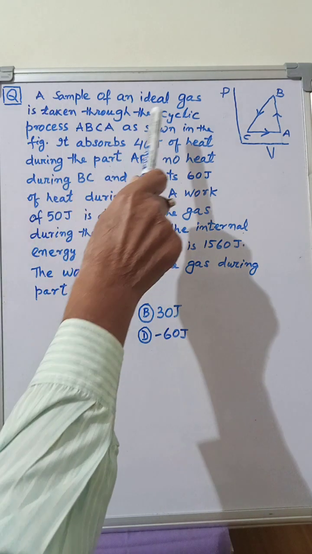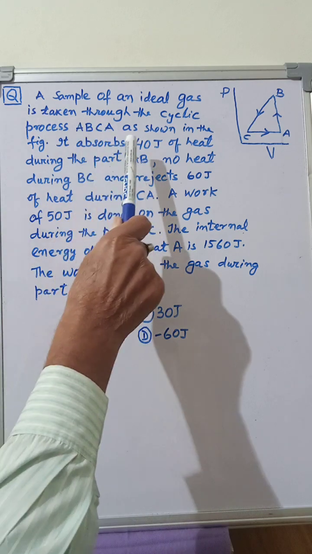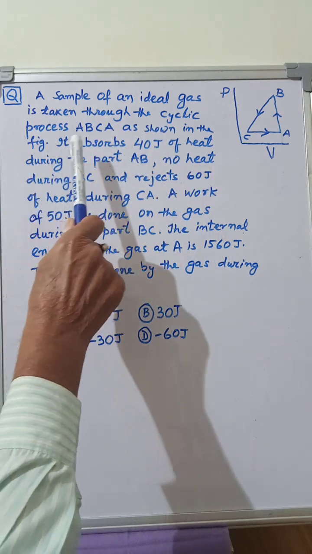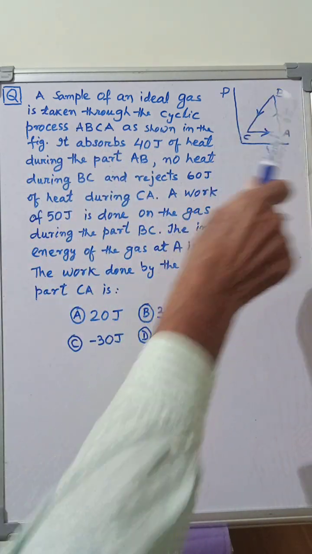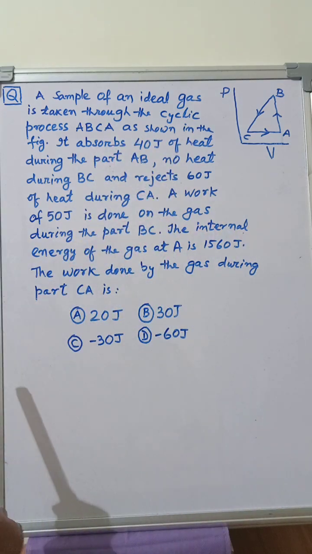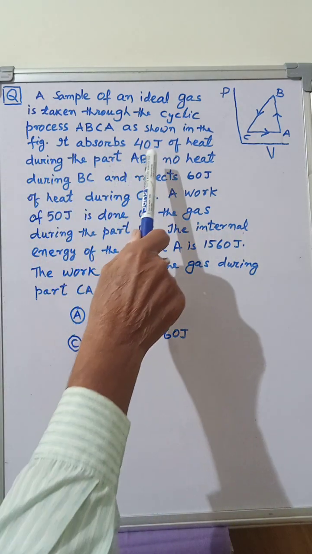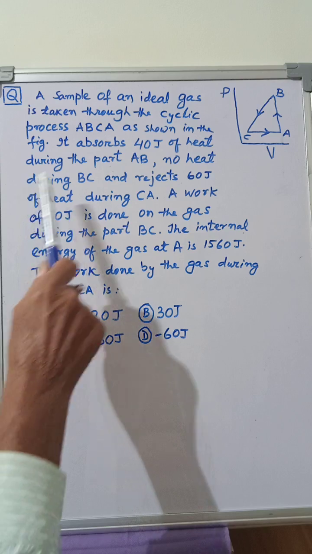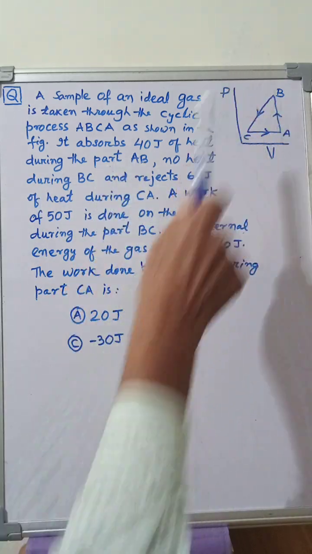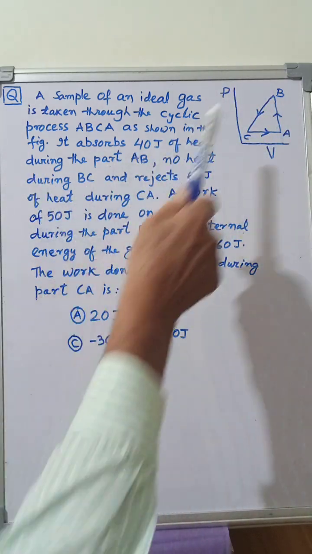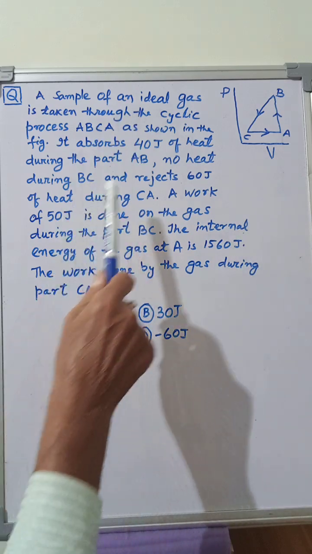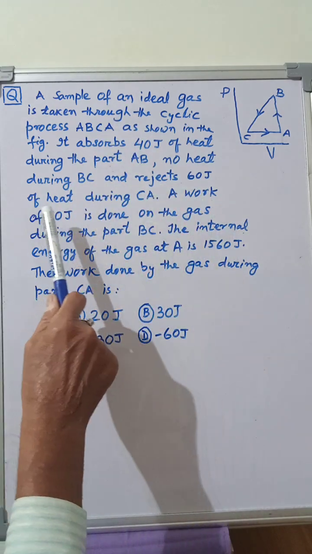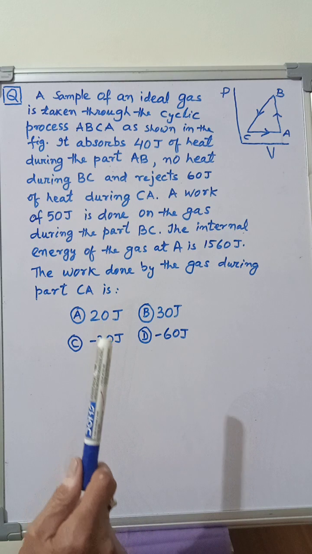A sample of an ideal gas is taken through the cyclic process ABCA as shown in the figure. It absorbs 40 joules of heat during the part AB, no heat during BC, and rejects 60 joules of heat during CA.